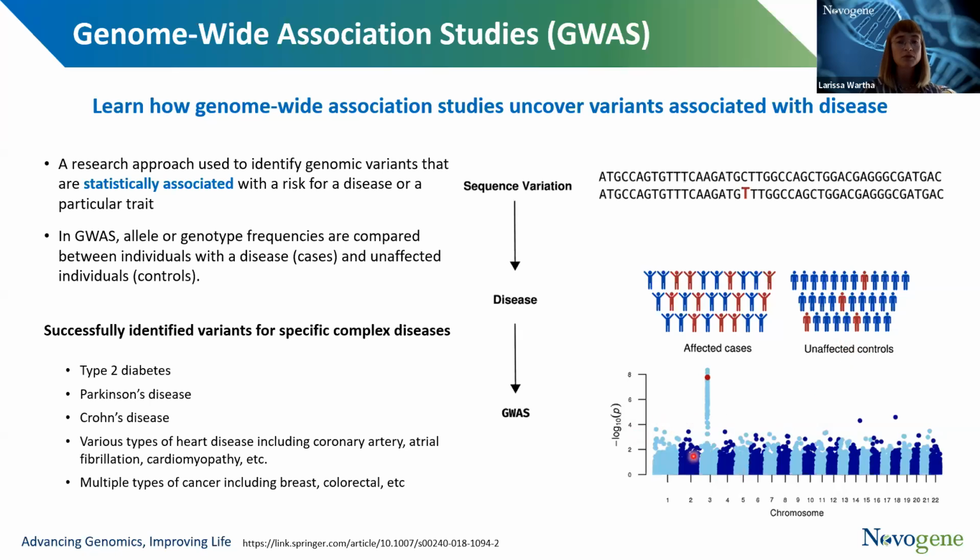So in the Manhattan plot, which is shown here, an association signal typically results in a peak, arising from regional correlation of a genetic variation caused by linkage disequilibrium among SNPs. And linkage disequilibrium is the non-random association of alleles of different loci. And again, GWAS has successfully identified variants in diabetes, Crohn's disease, Parkinson's disease, and many other diseases.